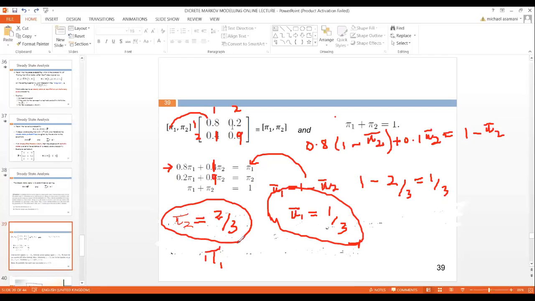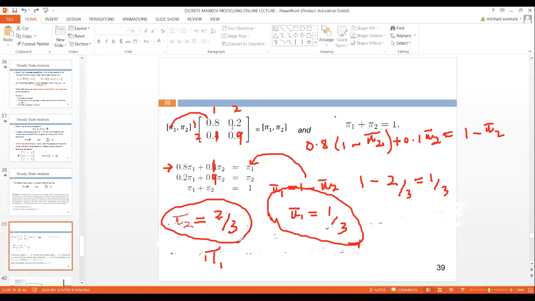In other words, this system is not too efficient or very effective. It's only working 1/3, that's 33%, and it's idle about 66.6%. So with the probabilities we have here, we can even talk about the efficiency of this system or process.